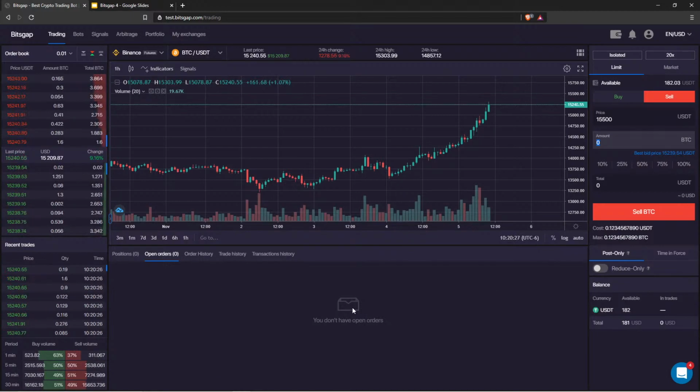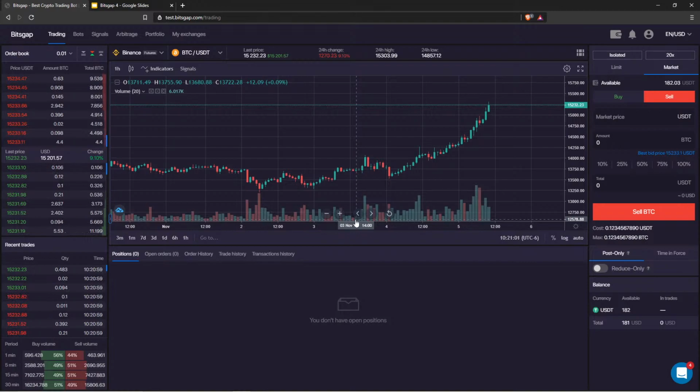As soon as the order is executed by the market, you will find it in positions, and in positions you have information like the margin cost and the unrealized profit, so all the key metrics that you need to know in order to monitor and execute futures orders. So yeah, you can also switch from limit to market.